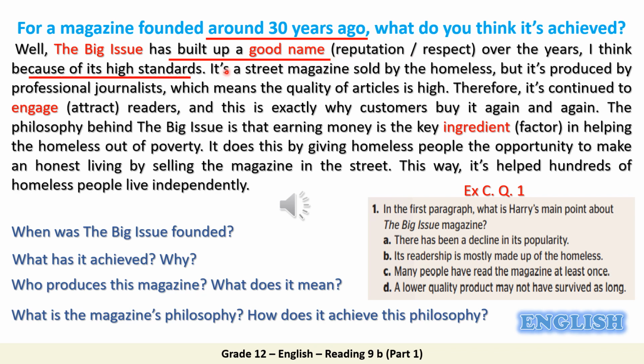This is because of its high standards. Right, who produces this magazine and what does it mean? The producers are professional journalists, and this means that the quality of articles is high.